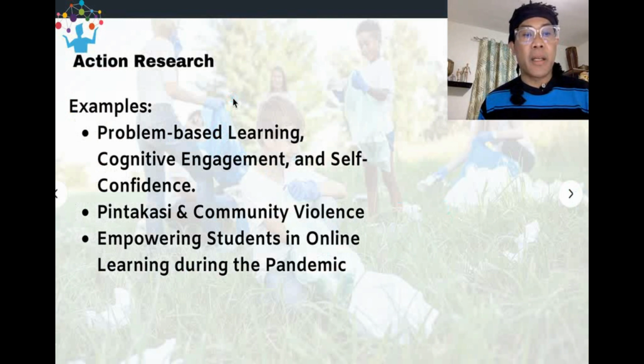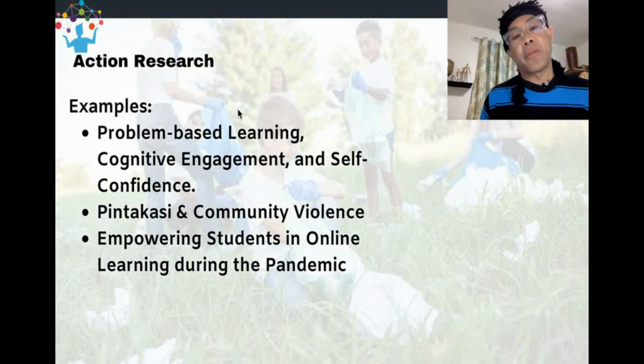Problem-based learning, cognitive engagement, and self-confidence. So you're looking into, for example, using problem-based learning with grade 6 students. You would like to see how the problem-based learning pedagogical process could help children enhance or strengthen their cognitive engagement and self-confidence.